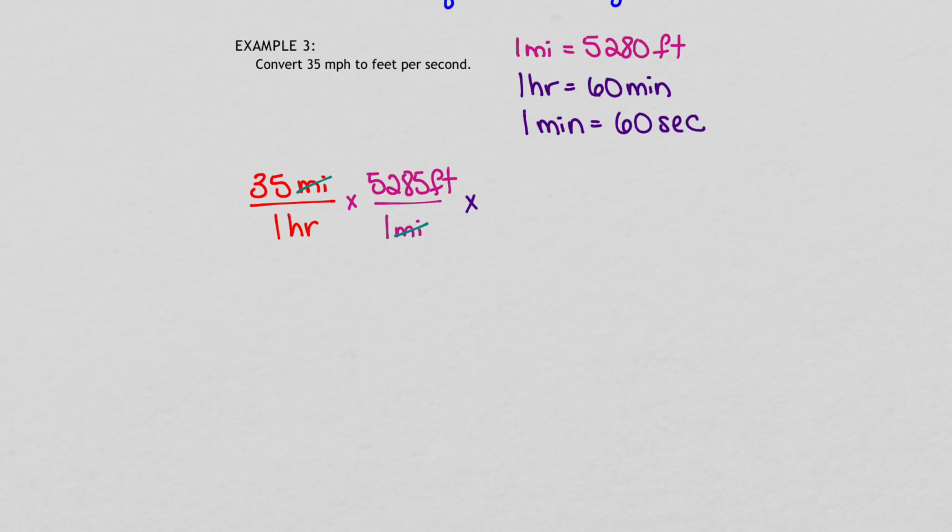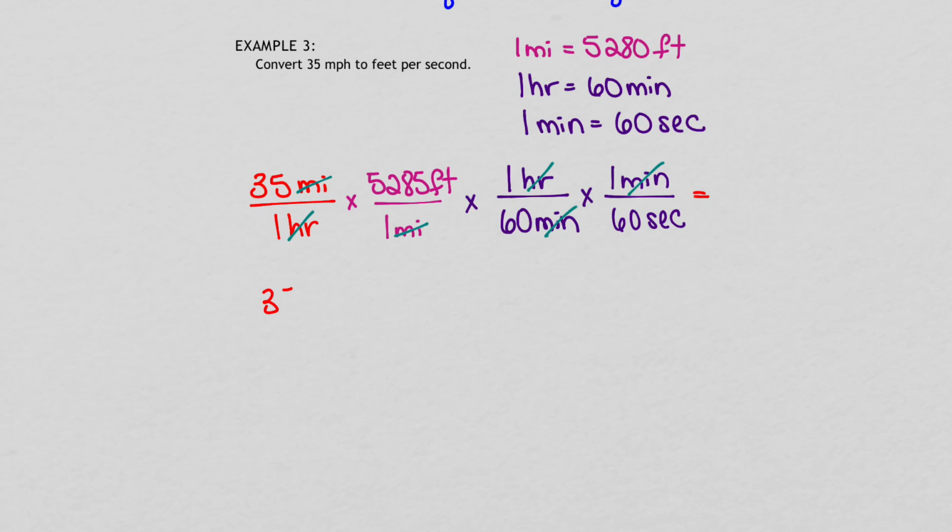So 1 hour is on the bottom in our original fraction, so 1 hour needs to be on the top when we multiply. 60 minutes on the bottom. And then 1 minute equals 60 seconds. So minutes was on the bottom, so 1 minute needs to be on the top, 60 seconds on the bottom. So that makes our hours go away and our minutes go away.